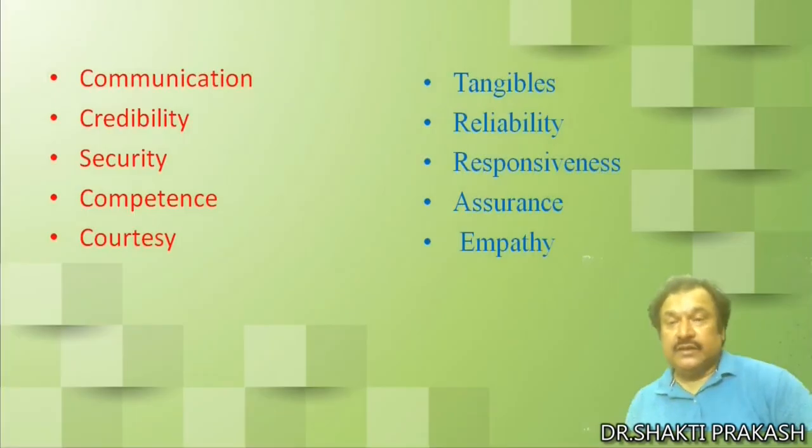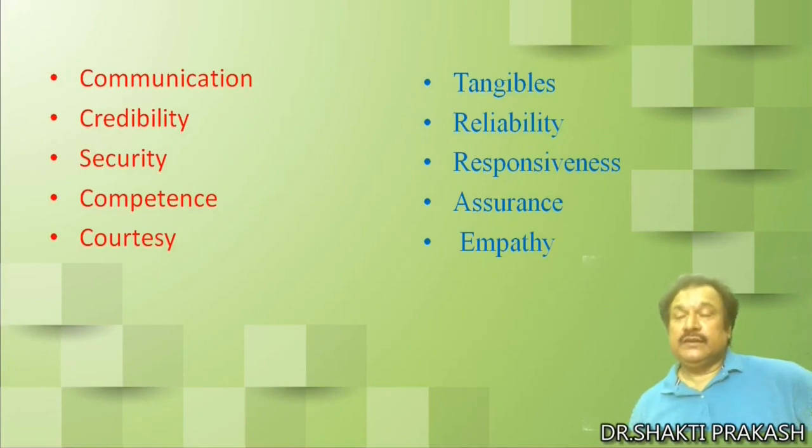Like this, we reduced 10 dimensions to 5 because the others were not useful in the study. Whatever items you collect may come from previous studies, the method given by Parasuraman and Zeithaml.